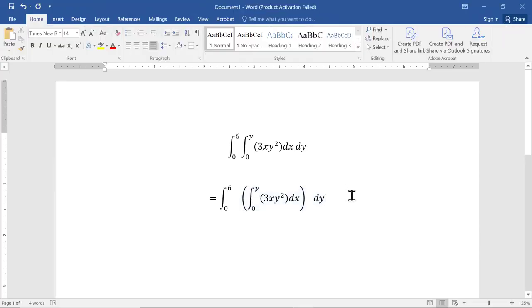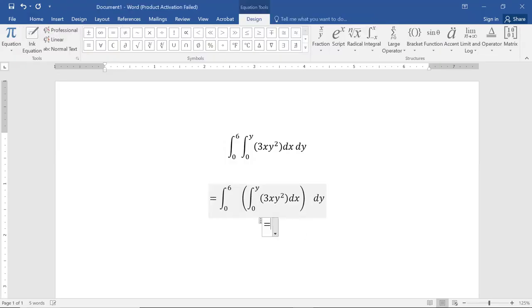So hopefully you remember from the previous video in this series that when we're doing double integration, we start with the inside integration that is with respect to x, and we treat the variable x as my variable, and any other variables, such as y, we treat as constants. So in this case, the integration from 0 to 6 stays there.